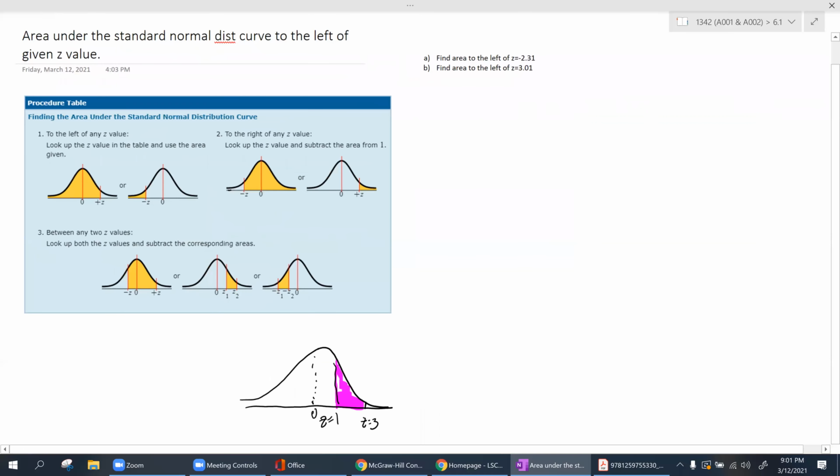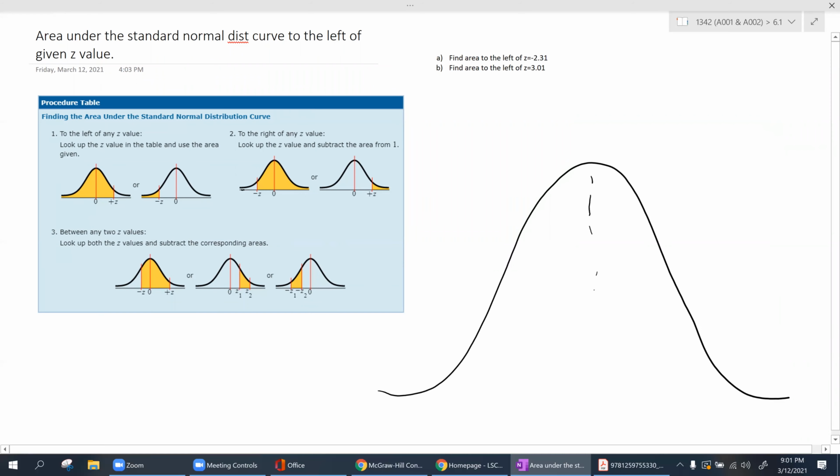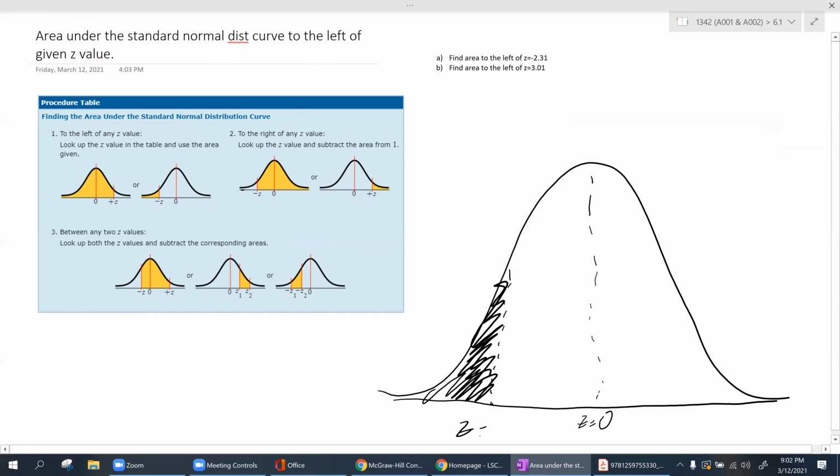You're asked to find the area to the left of z equals negative 2.31. Let's draw this. If this is z equals 0, you want something about right there, all this area. Let's say this is z equals negative 2.31, and when you want everything to the left of it, you just need to read the area to the left of that z value.